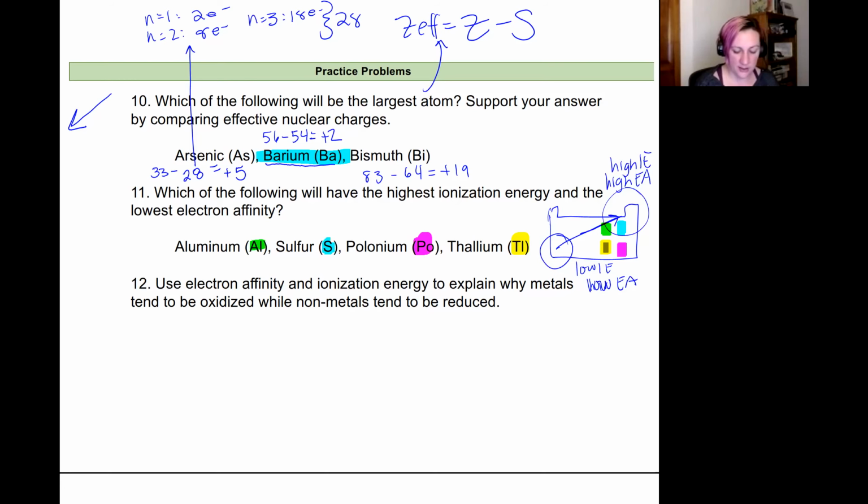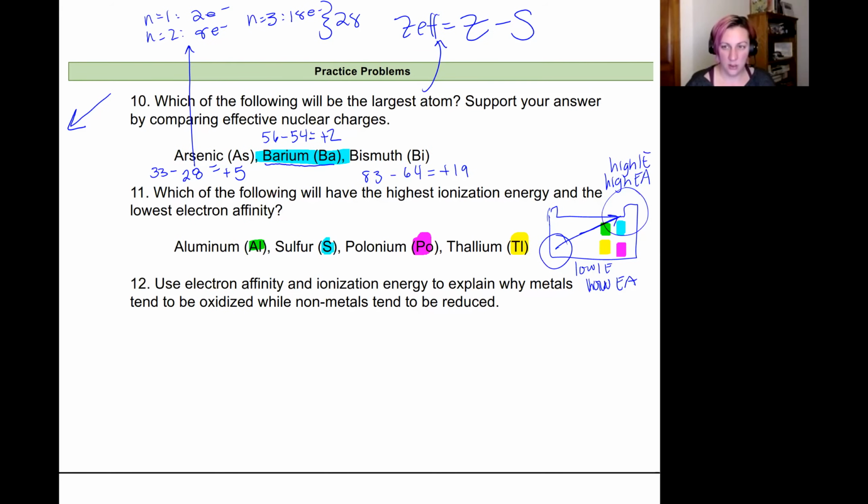And so that means that our highest ionization energy is going to be the one that's in our upper right-hand corner. So that's going to be sulfur. So sulfur is going to have our highest ionization energy. And I'm looking at the one that is the smallest and yet closest to a noble gas.